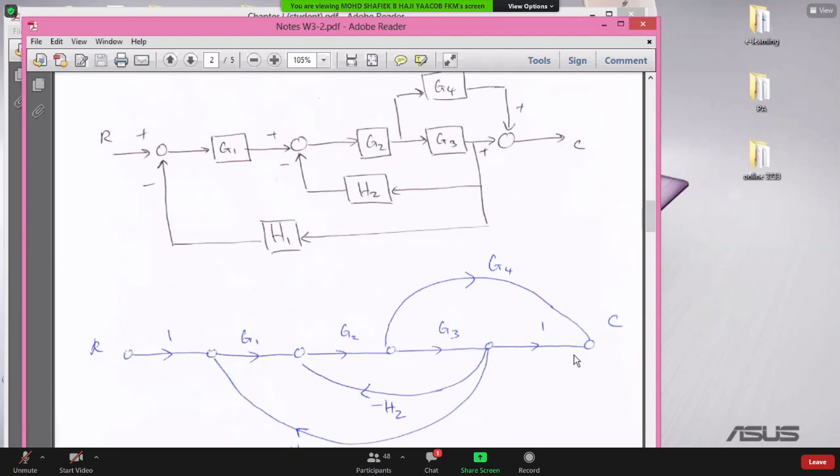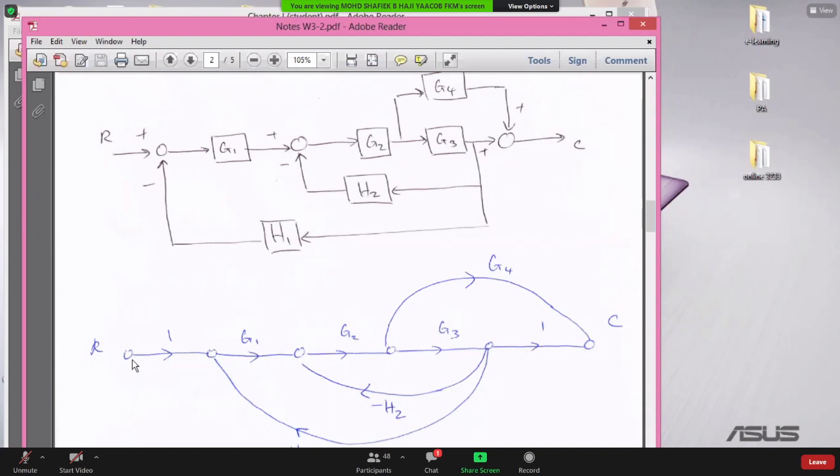In this case, if you look at the output node here, this is quite all right because this is an incoming branch, and you have this incoming branch as well. So you don't need an extra node here because this already fulfills the requirement that the output node only has incoming branches. In this case, you have 2 incoming branches.